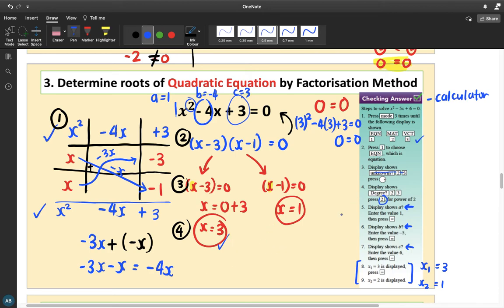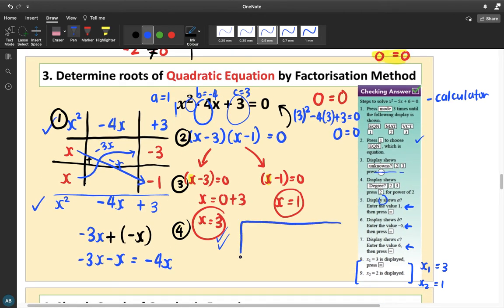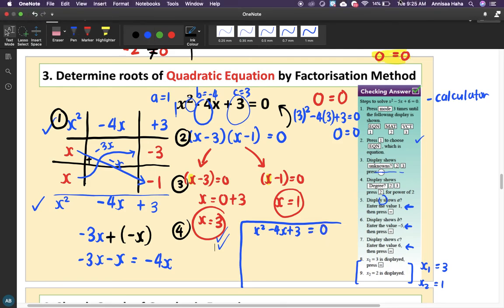So, menggunakan calculator, kan tadi kita kata kita ada step, sekejap. Okay, so saya buat something like this. So, ni adalah dia punya original equation kat sini. Okay.